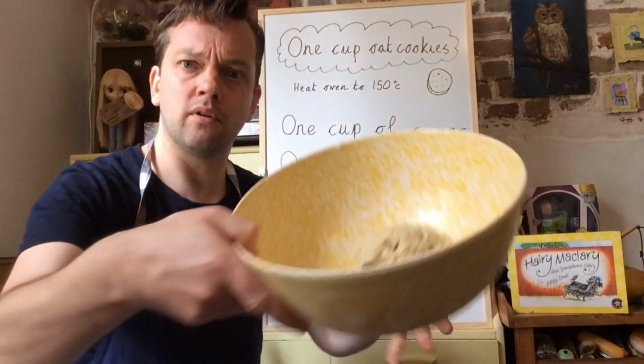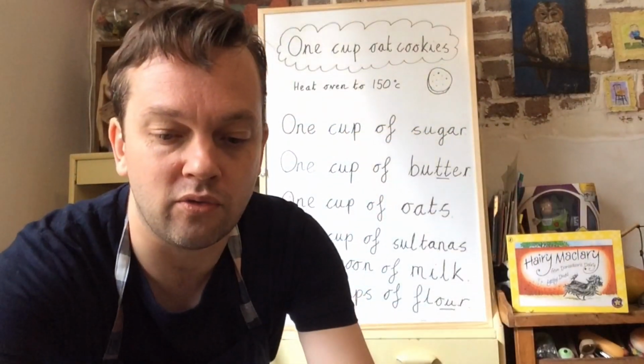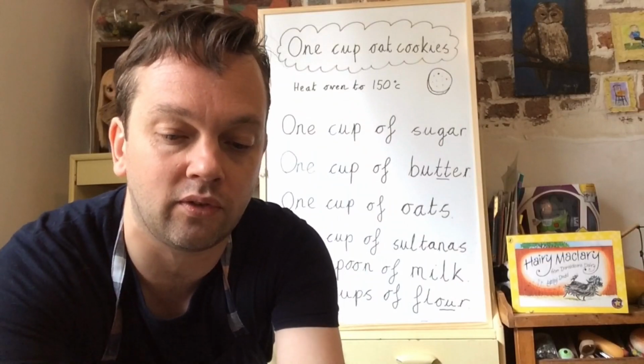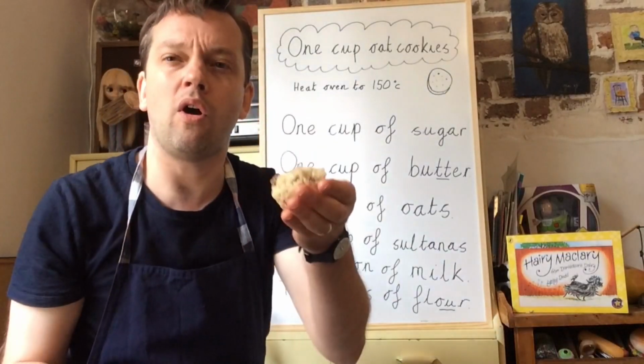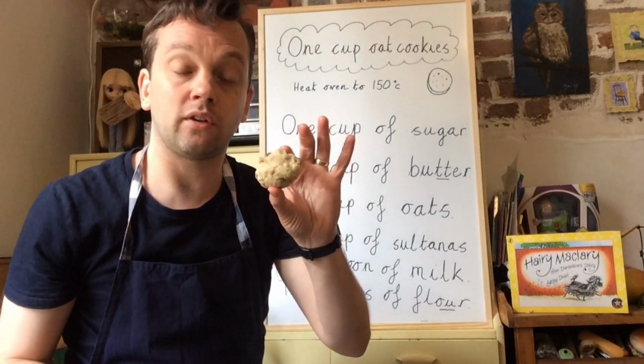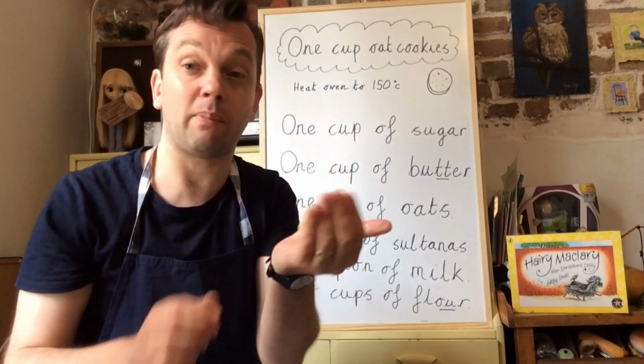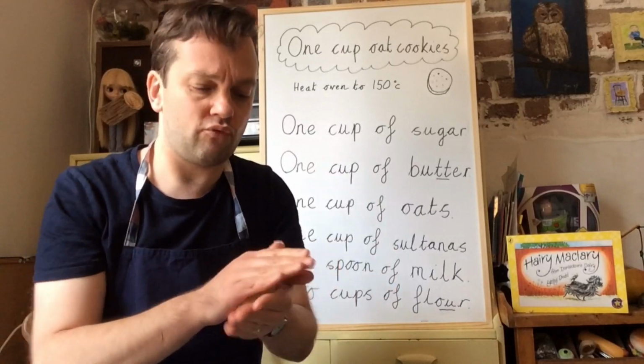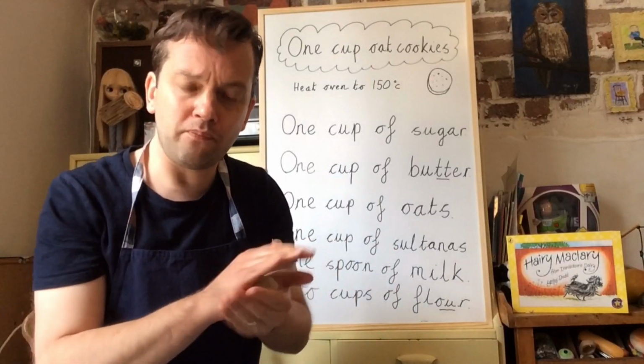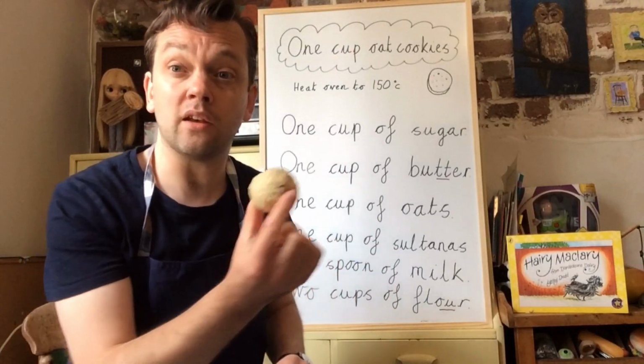Right, so you get your dough, and what you need to do is break off pieces that are about the size of a small ball, just about so you can fit in your hand like that. Roll them, roll them, roll them. So they are spheres, aren't they?